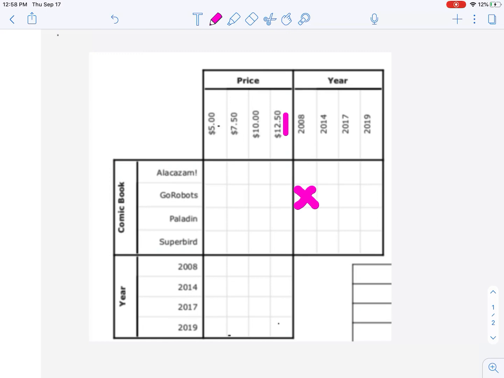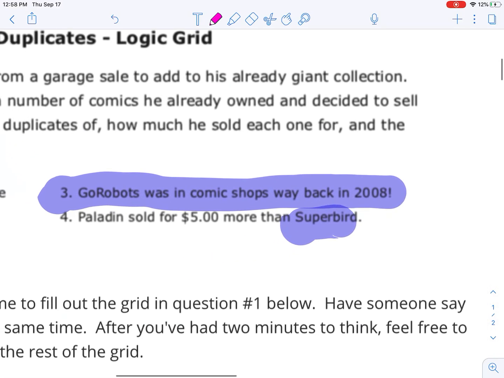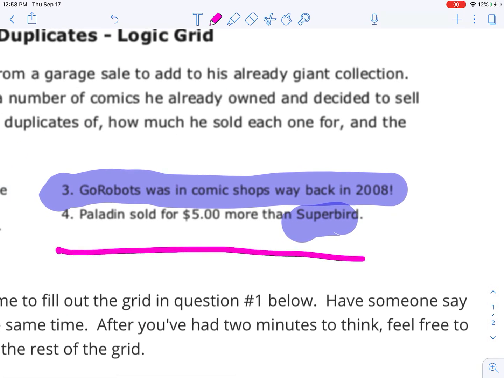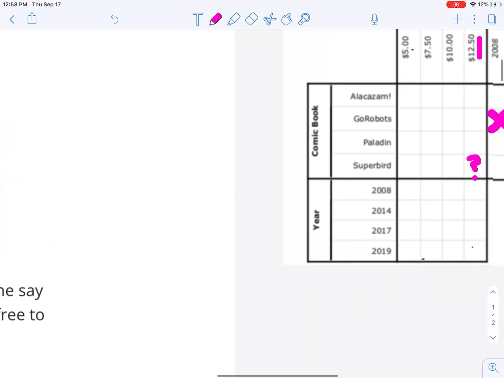So don't write this in, but we're wondering right now, is Superbird $12.50 or is it 2017? Because it told us it was one or the other, okay? But it also told us over here in 4 that Paladin sold for $5 more than Superbird.